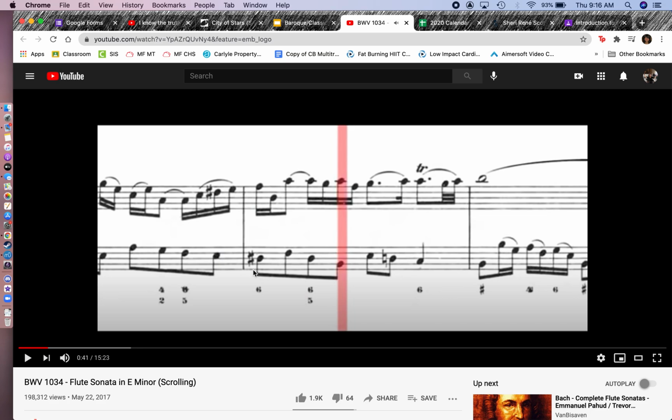Do you hear it? I hope that you can sort of tell what instrument is playing that. Let's keep going a little bit because it sticks out in this next bit and is a little bit easier to hear.